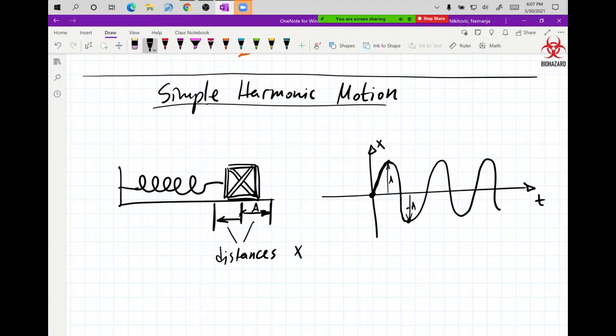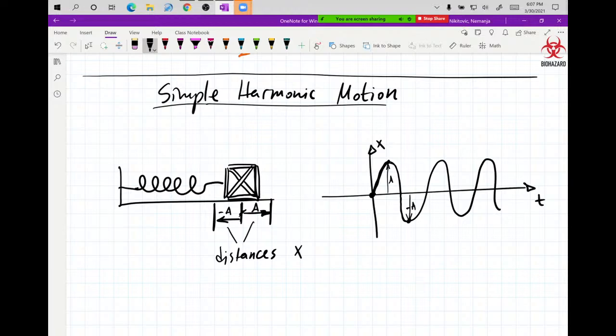But you do get that negative A on the other side. Now, it's kind of bad to write it that way, but I hope you understand the concept behind it. So this block will oscillate left and right, and because of that, we have trigonometric behavior, because those are the only periodic functions we know.